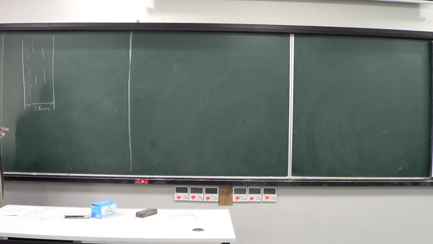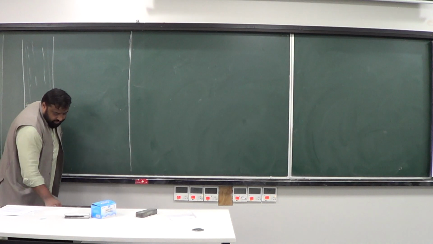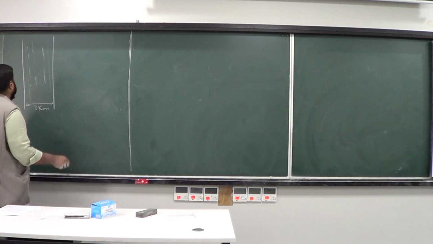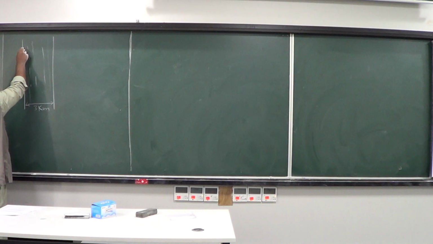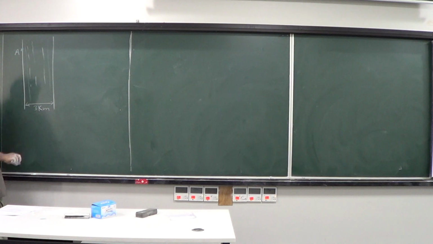This is the width of the river. Imagine that at a point on one bank of the river, there is a person who is at a point, say A, on one side of the river.